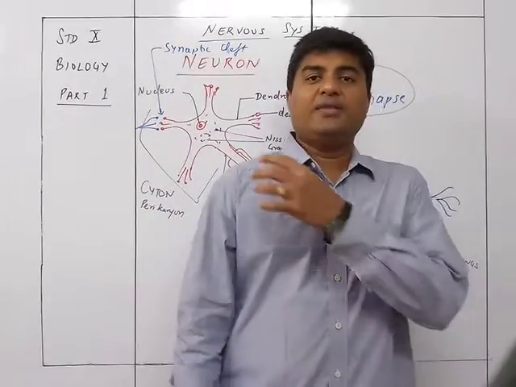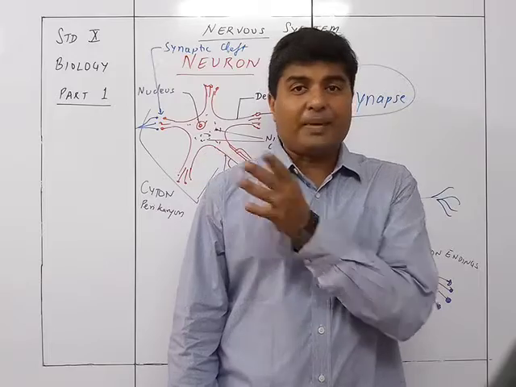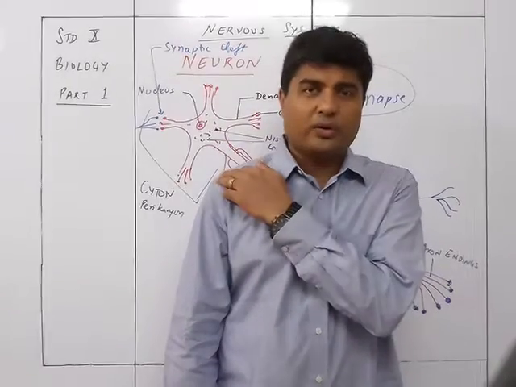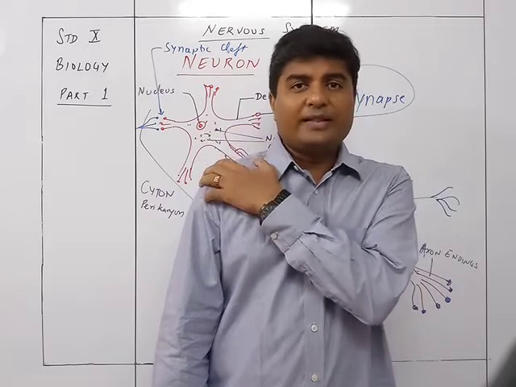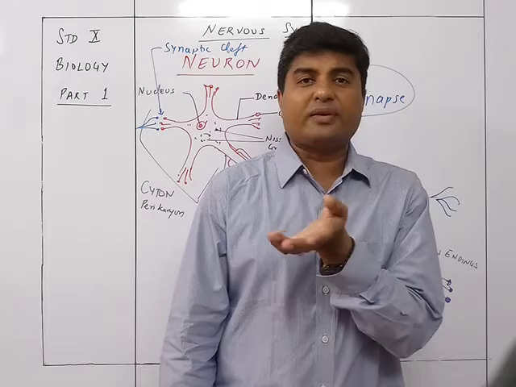Like for example, if somebody is tapping me over here, I can feel the tapping. I don't feel like somebody has just held his hand over here. When somebody is holding the hand, the feeling is different, and when somebody is tapping, the feeling is different.